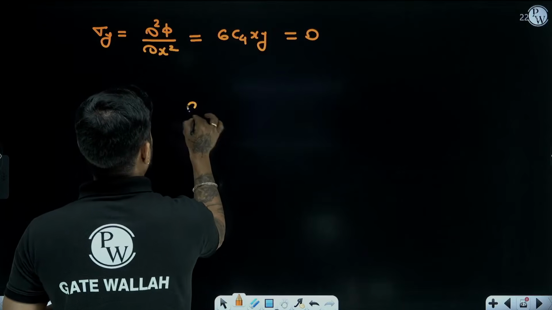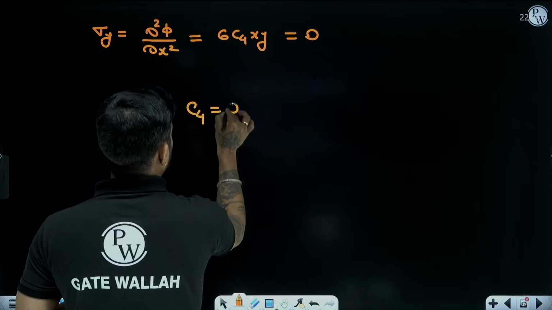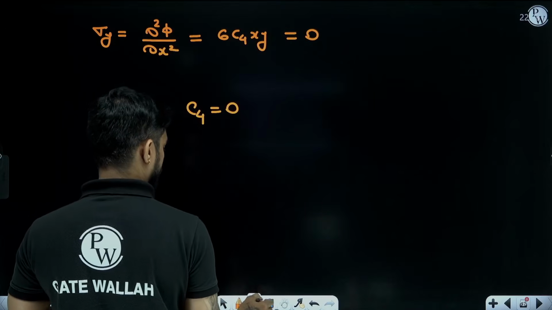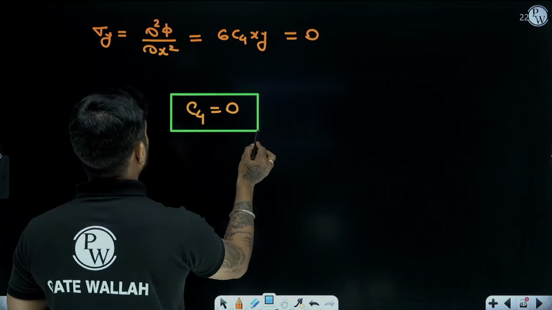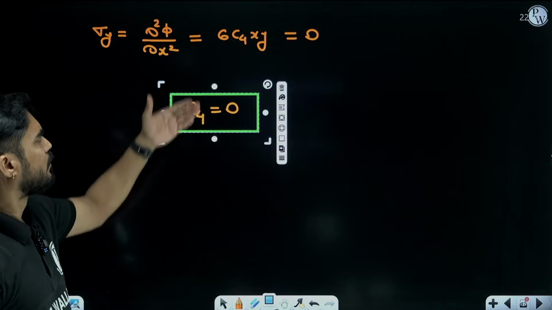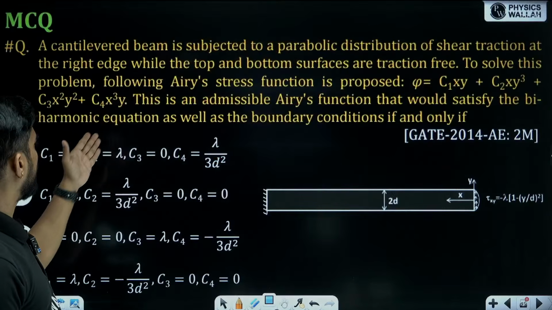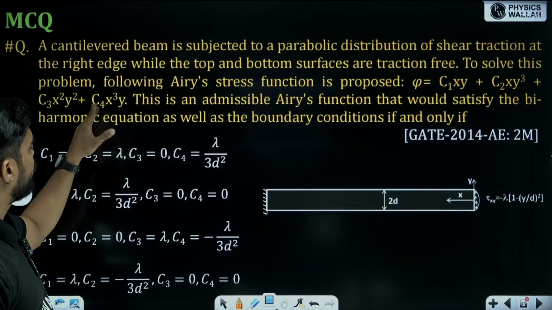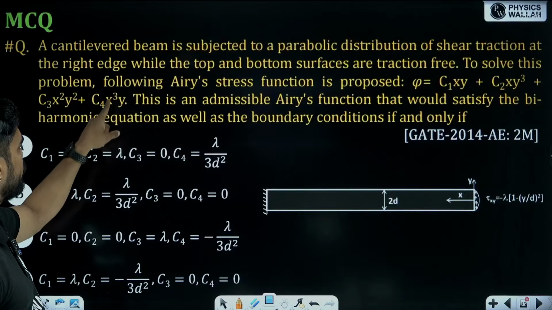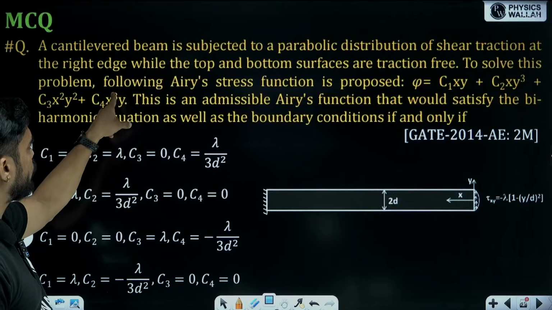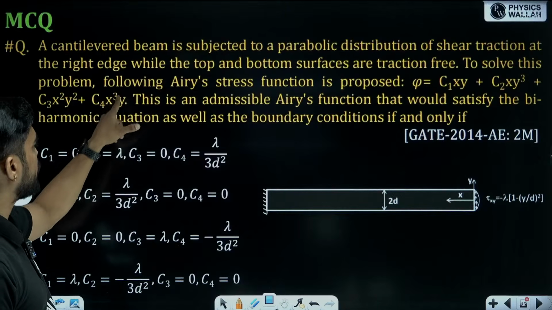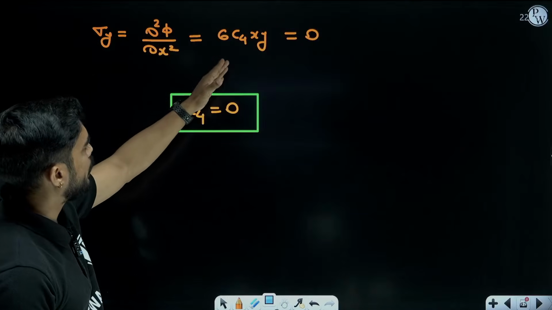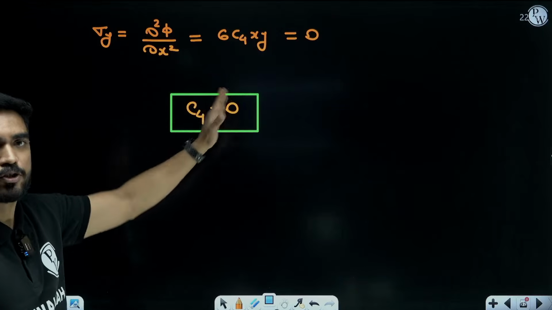So from here c4 will also be 0, right? Sigma y is 0, na? We are differentiating it with respect to x 2 times. So one time it will become 3x square, 2 times it will become 6x. So 6c4 xy is 0, means c4 should be 0.